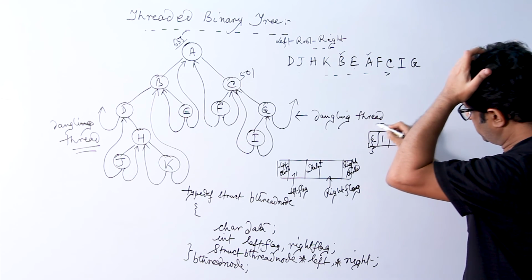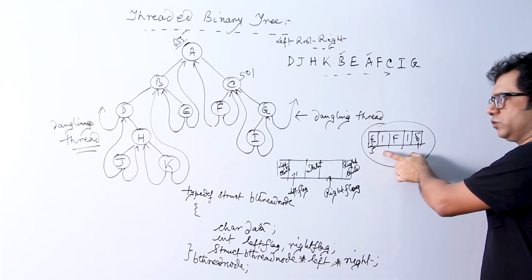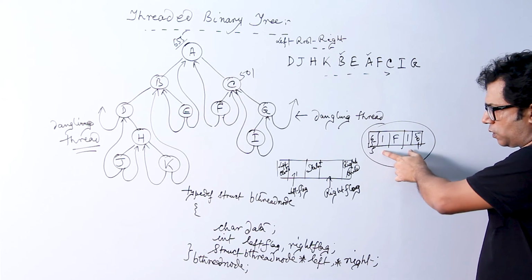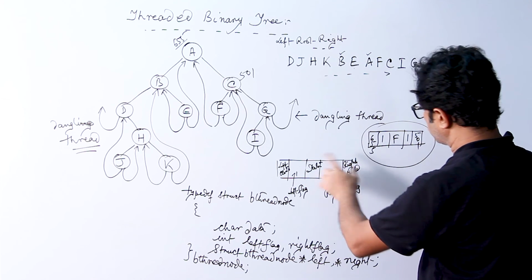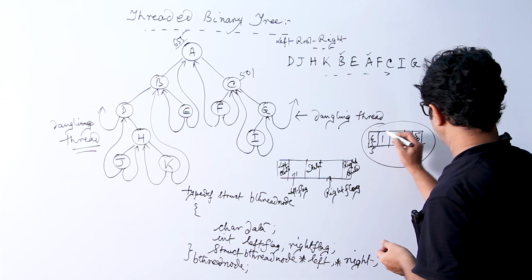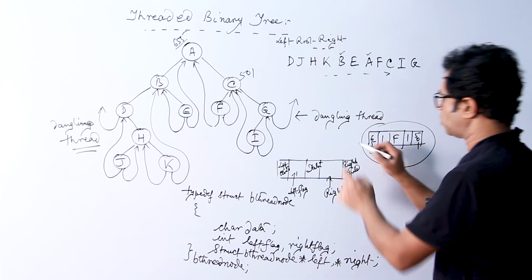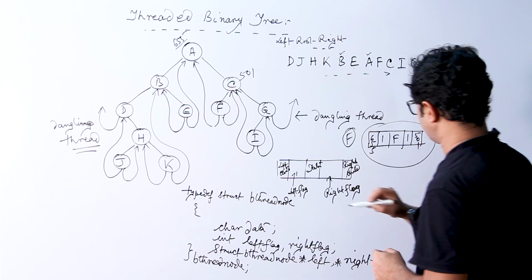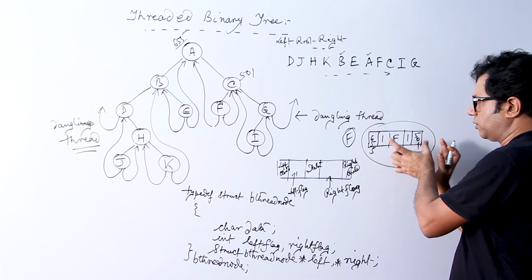So this is nothing but just an example to show how the values are stored in each node of the threaded binary tree. In this threaded binary tree which we have drawn, we have taken an example of the node which contains F and written the contents of the F node.